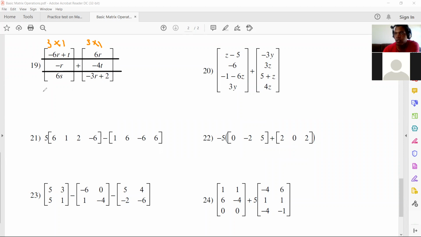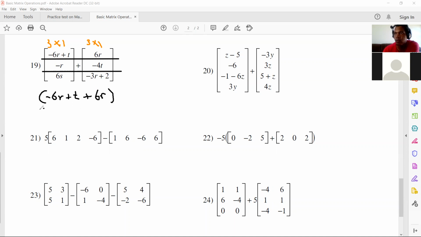For the first one, I will put in a bracket everything that is there. So I have minus 6r plus t, and then we add another 6r. That is what I need in the first row.